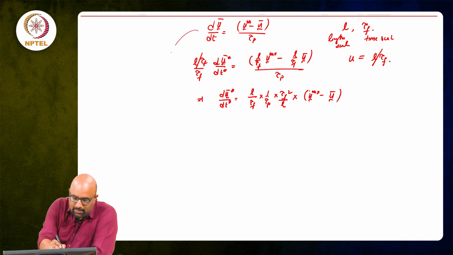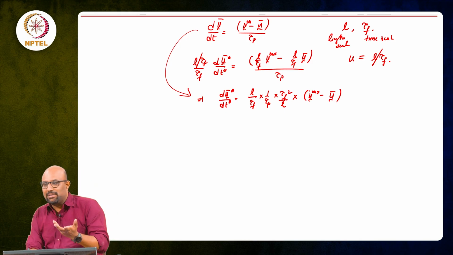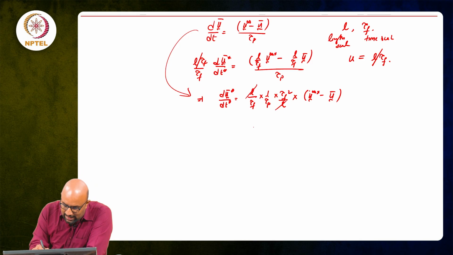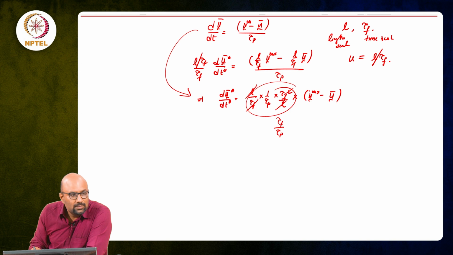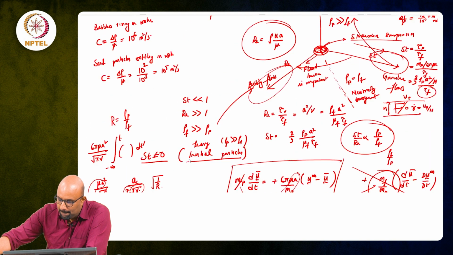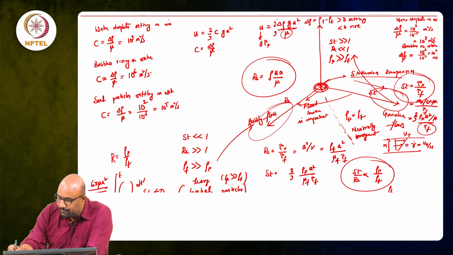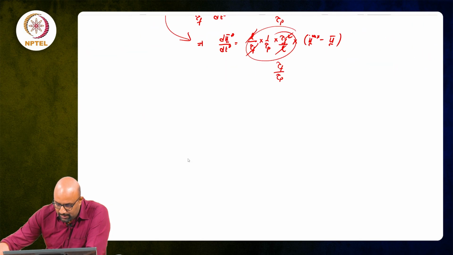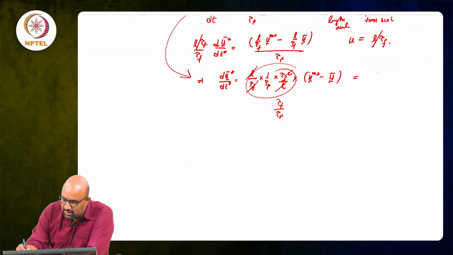This is just the non-dimensional version of this equation, choosing a characteristic length scale and time scale. Now, L and L cancel, and I finally land up with a term tau f by tau p. What is tau f by tau p? It is the inverse of the Stokes number. So, this equation is u infinity non-dimensional minus u bar non-dimensional, divided by the Stokes number.